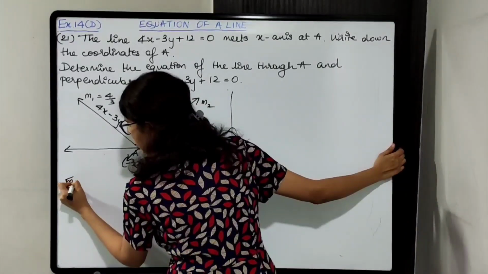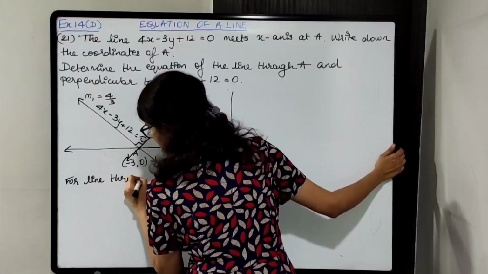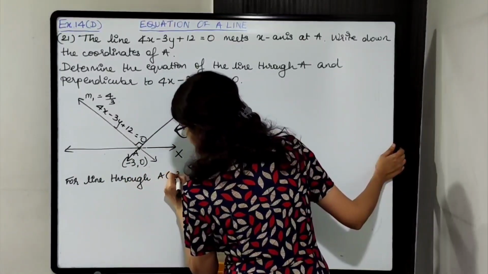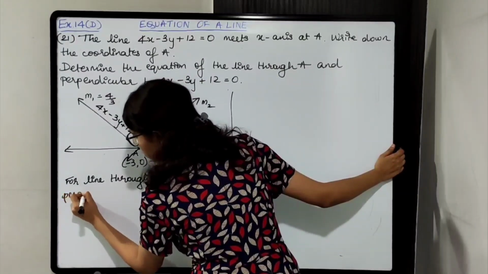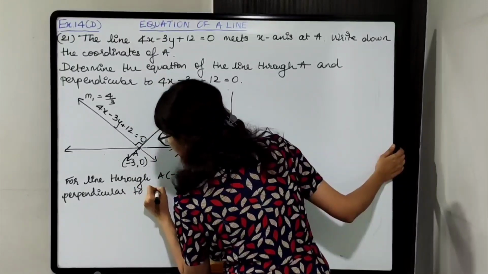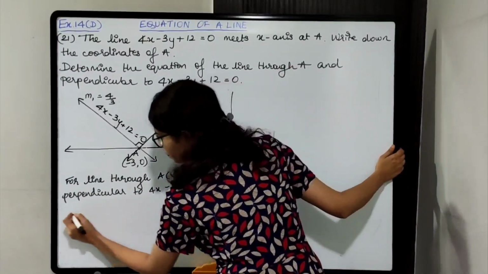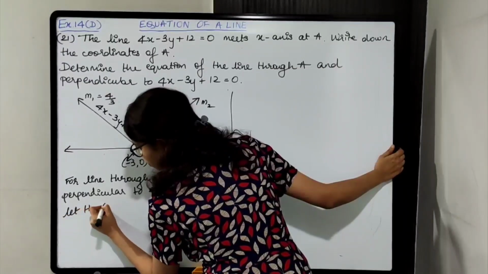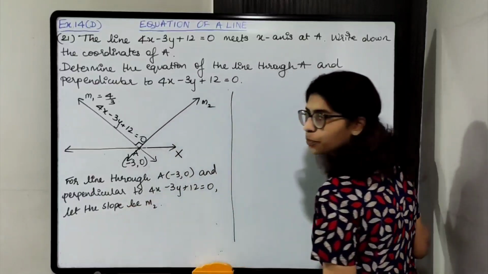Write down for line through A minus 3 comma 0 and perpendicular to 4x minus 3y plus 12 equal to 0. Let the slope be m2.